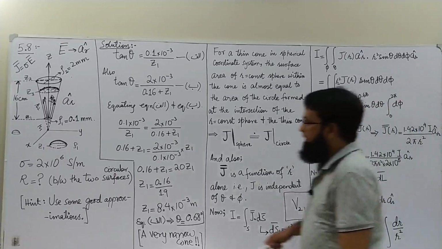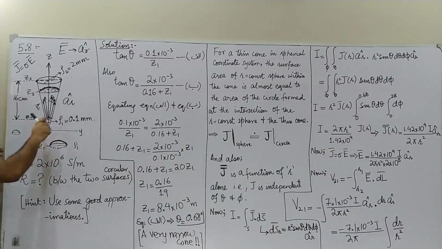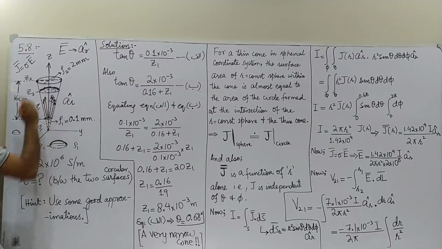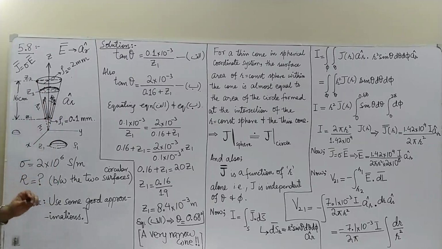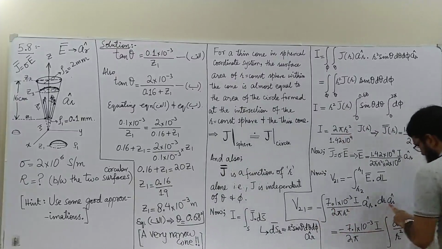If we move from this point to this point for a specific value of R, along this line the only coordinate which is changing is actually dr. So dr AR.